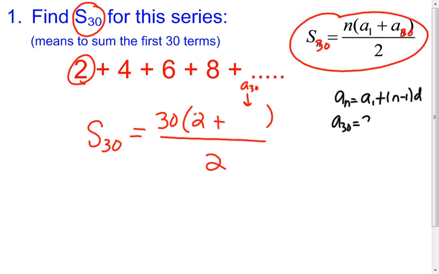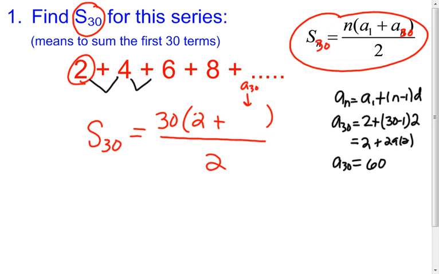I know the first term is 2. If I want to find the 30th term, I will put 30 in for n. And I can see that my common difference each time is 2, because I am adding 2. So I will basically have 2 plus 29 times 2, and that will give me 60. Okay? So A30 is 60.